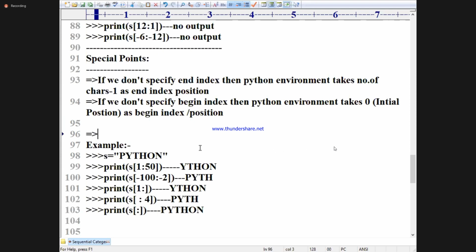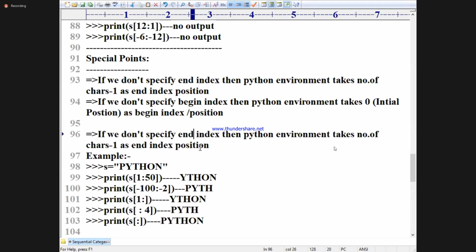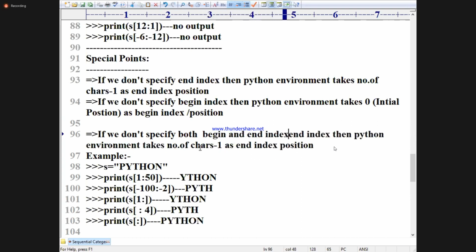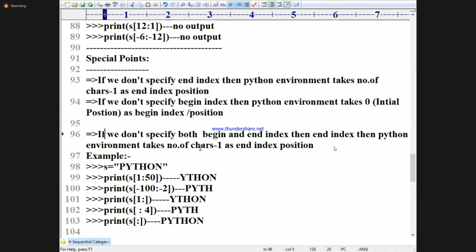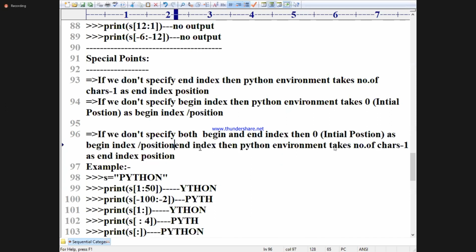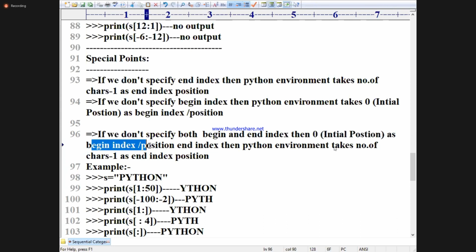Last: if I don't specify both begin and end index, then what will be taken? Python takes 0 as the begin index. Then 0, that is the initial position, as the begin index.